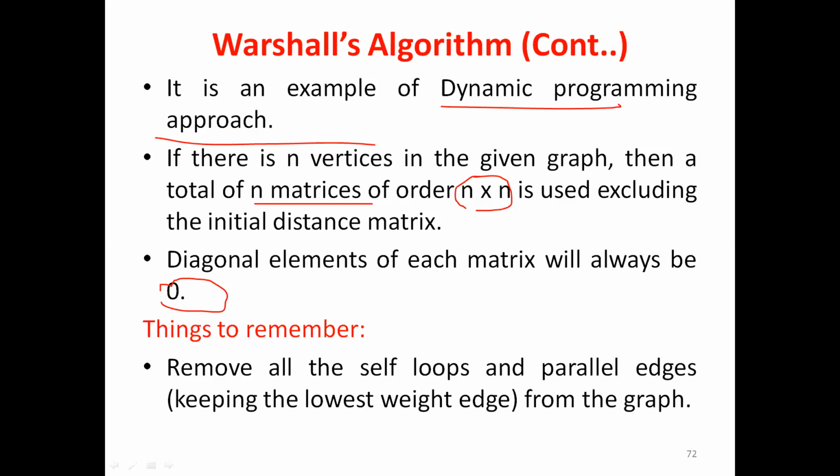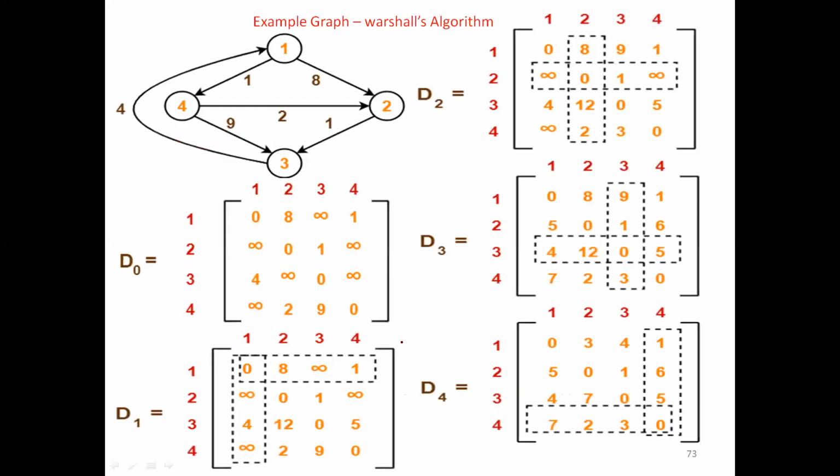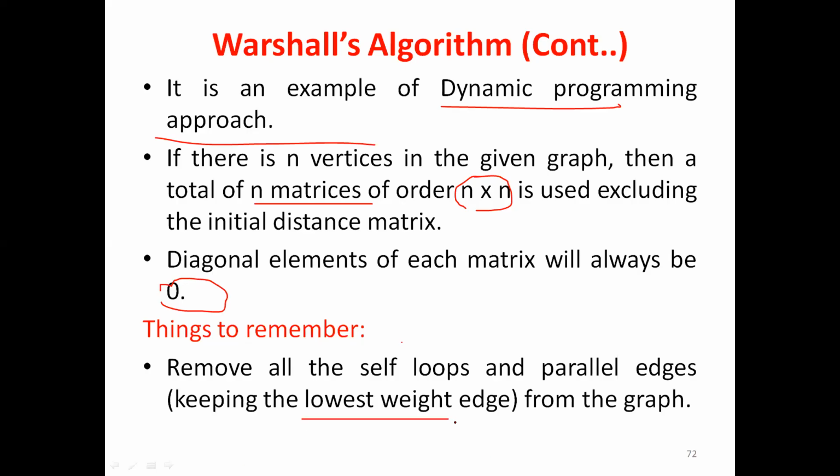We have to remove those loops and make the entry 0. If there are any parallel edges, you have to take the minimum one, keeping the lowest weight edge from the graph.